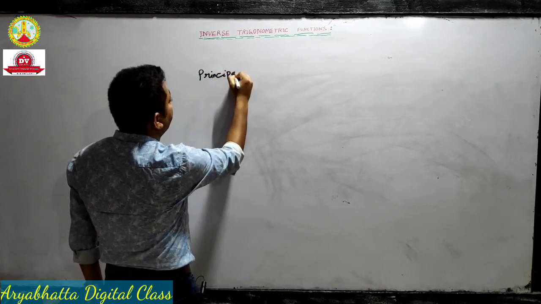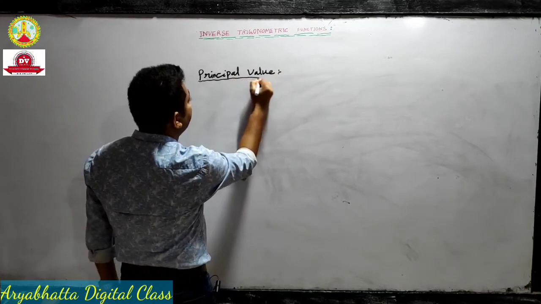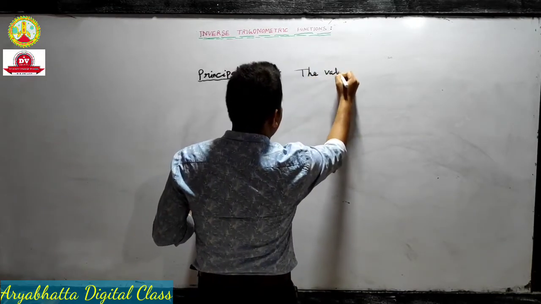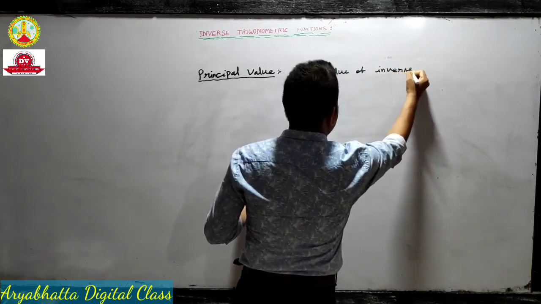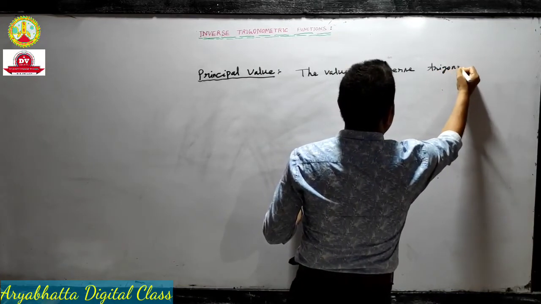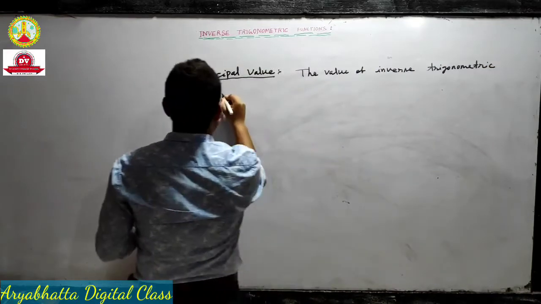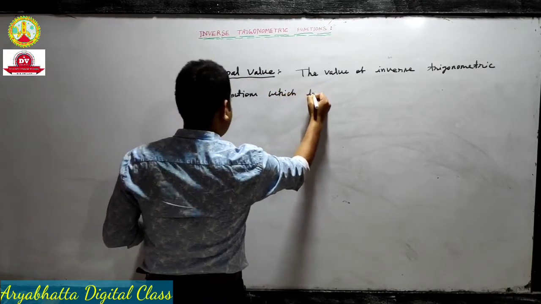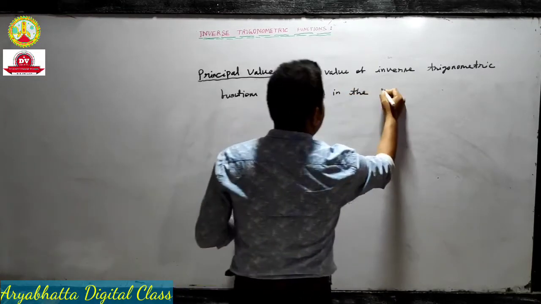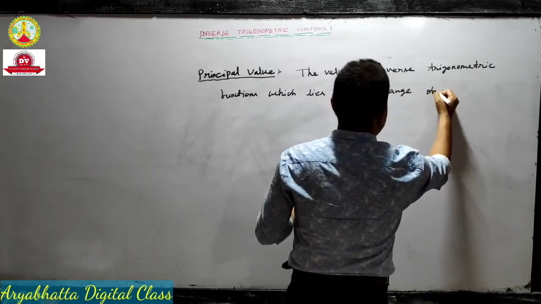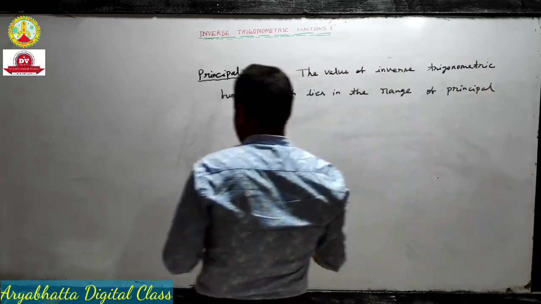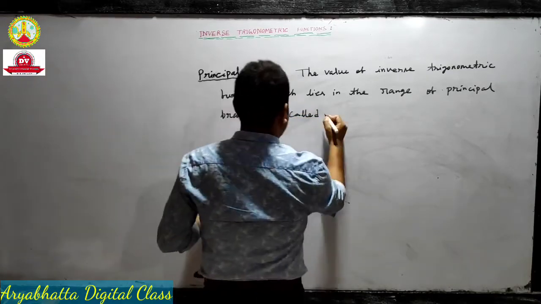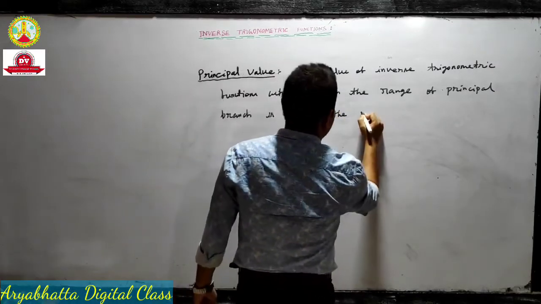Now we will discuss principal value. The value of inverse trigonometric functions which lies in the range of principal ones is called the principal value.